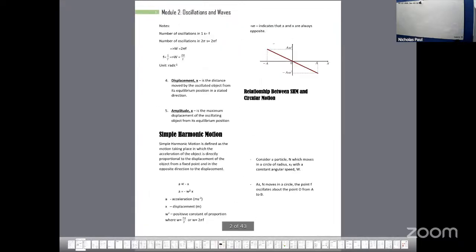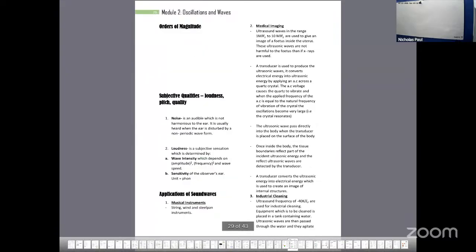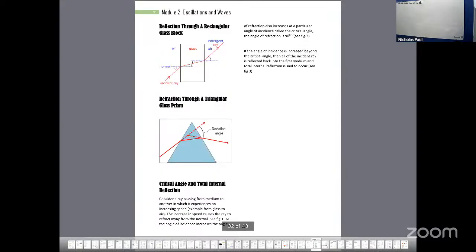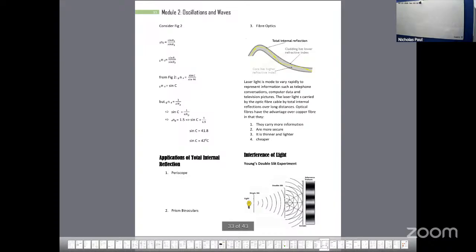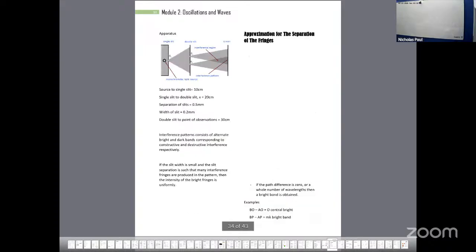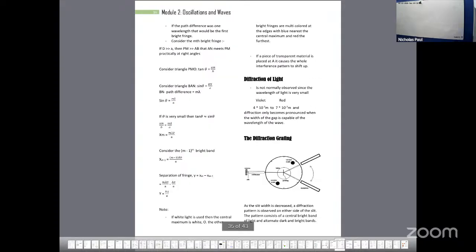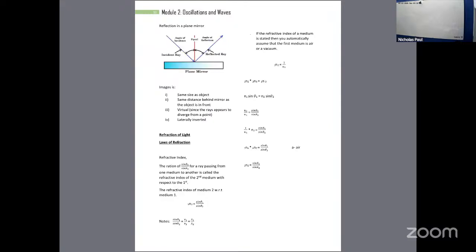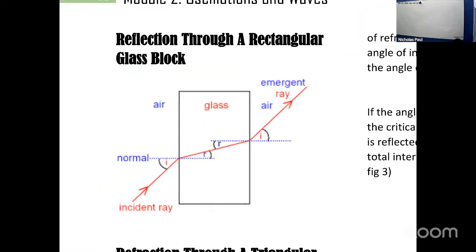Alright, so the last thing I want to look at today before we go into diffraction. Right, so if you look here, you might remember this from form 5, right?